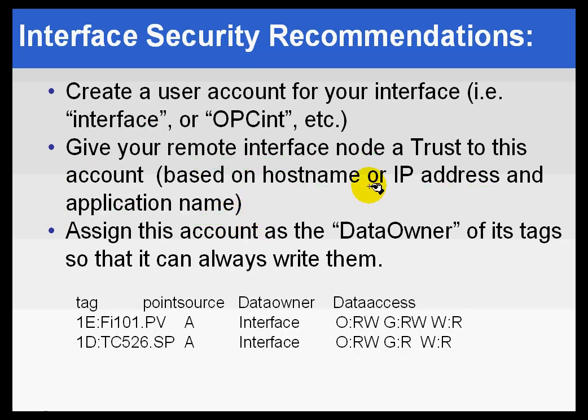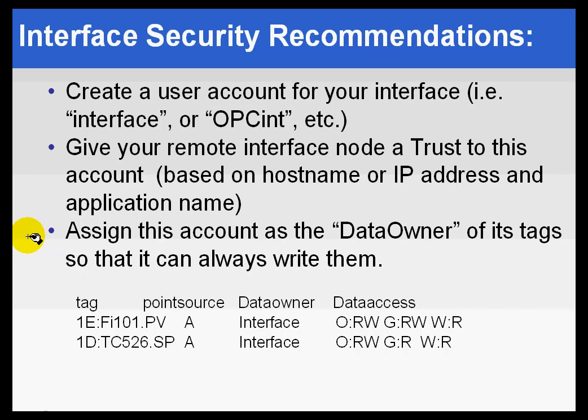So again, we want the interface node that is connecting to be associated with a trust that has the Pi user you just created as the Pi user whose privileges you will be granted. So you create a trust that specifies any one of these attributes, and that allows the interface node to connect, giving it the privileges of that Pi user.